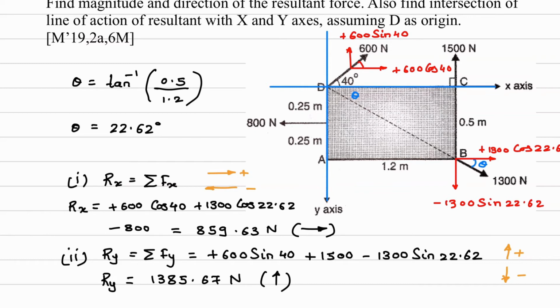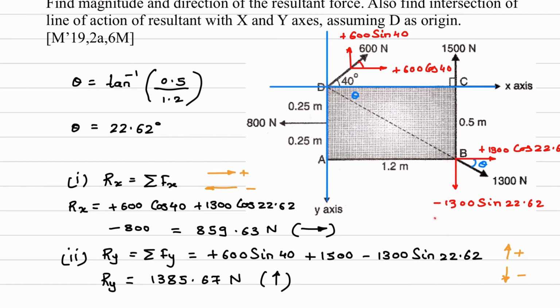So please pay attention. So if you keep your thumb over here, keep your finger at this location and rotate this in the direction, so it is anti-clockwise. So this will be plus 1300 cos 22.6 multiplied by distance is 0.5. So this will be plus component, and if you keep your thumb over here, if you keep your index finger at this location and rotate this force in the direction of arrow, it is clockwise.